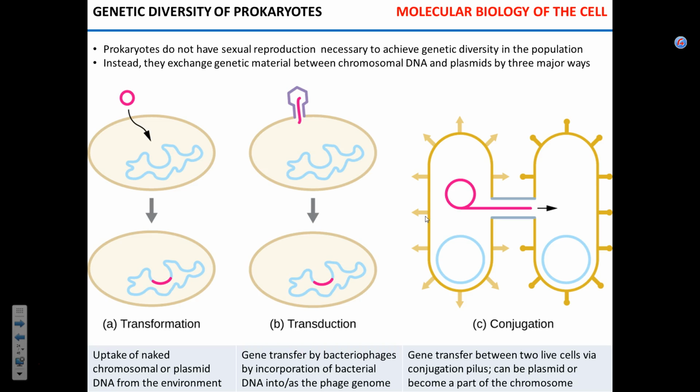But as we can see, they have amazing genetic diversity. We just saw that example with Salmonella, which can become an auxotrophic strain and then revert back to normal.